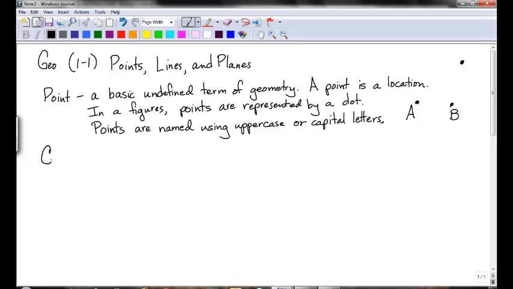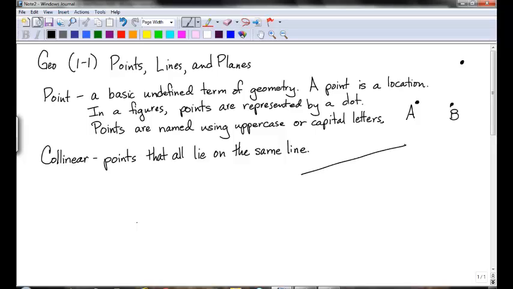And then the author defines the term collinear. Collinear means points that all lie on the same line. They are collinear.